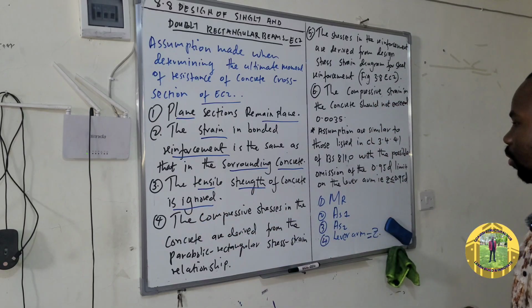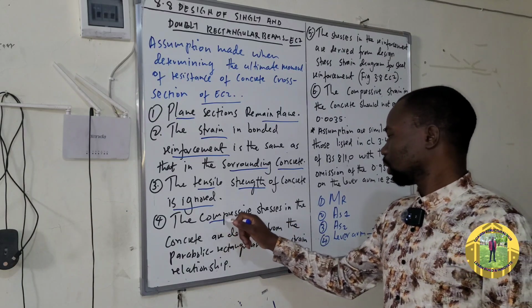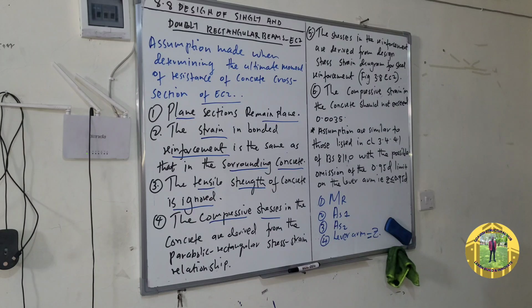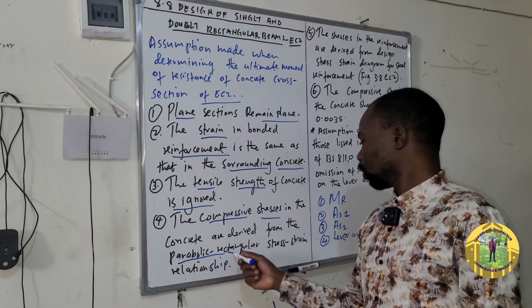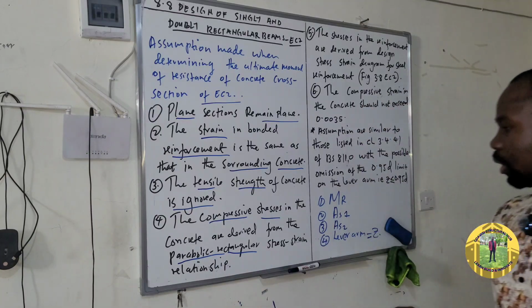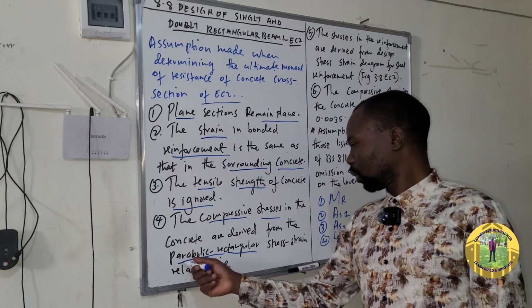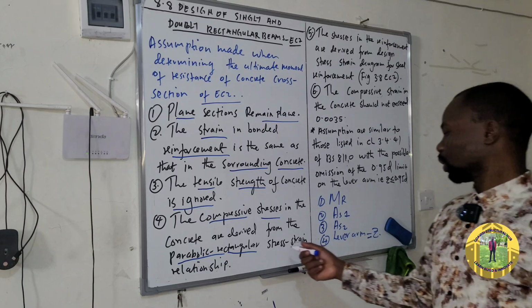Then #4, the compressive stresses in the concrete are derived from the parabolic rectangular stress-strain relationship. I think you saw this in my session before this, so I'm very sure you are aware of this one.